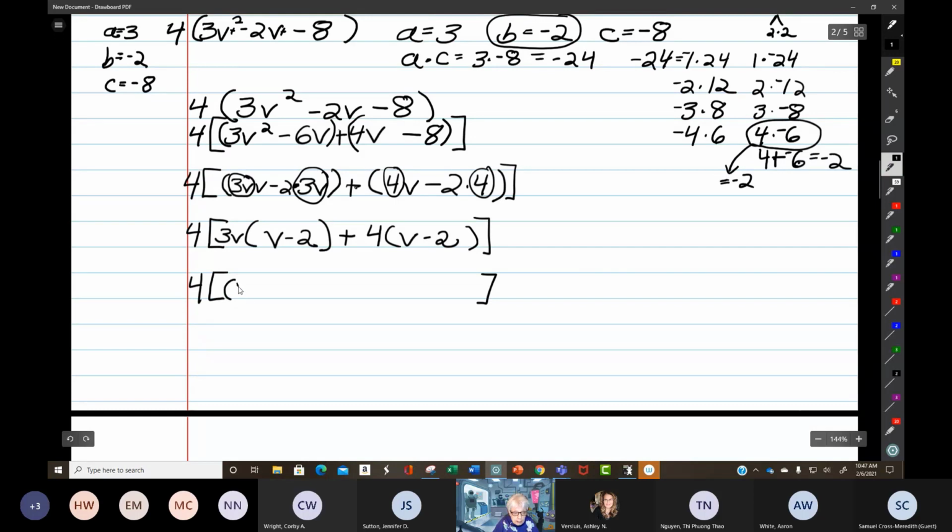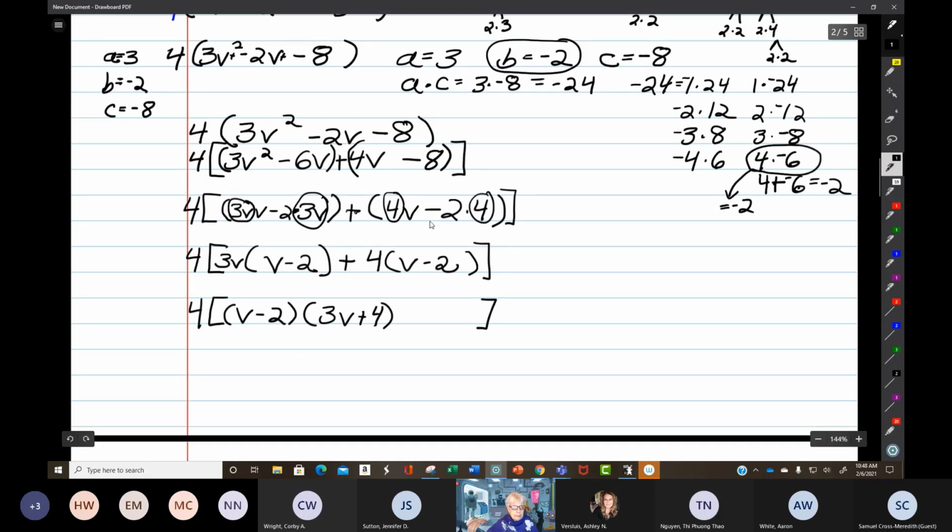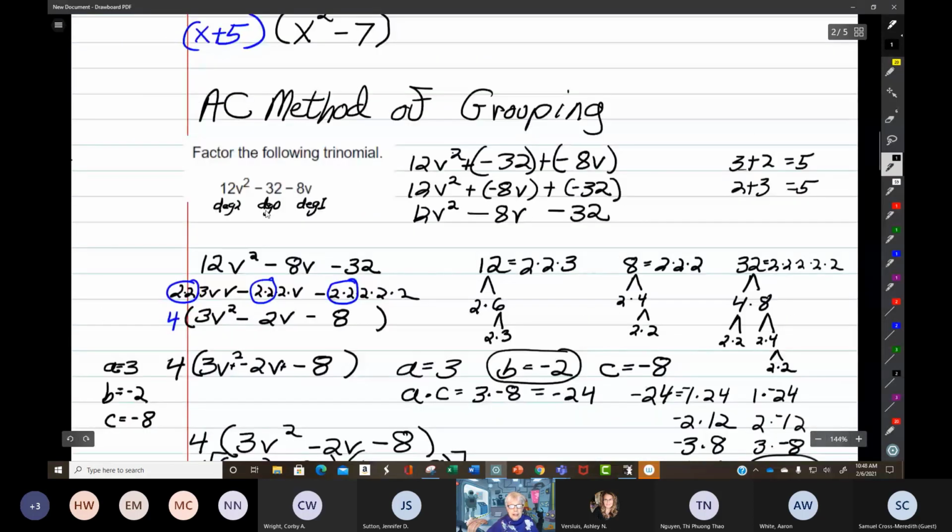So I write it out front, V minus 2 times the leftovers, 3V plus 4. And now I have the factorization of 12V squared minus 8V minus 32.